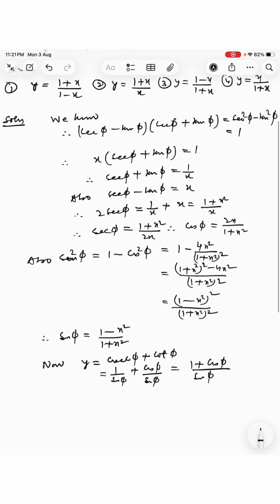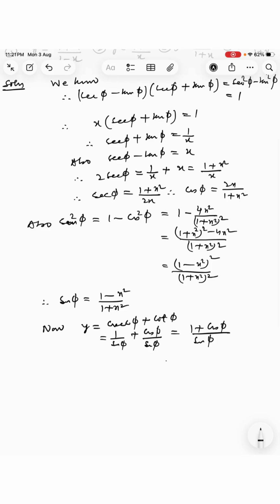Substituting the value of cos phi and sin phi here, we get 1 plus 2x by 1 plus x square by sin phi, which is 1 minus x square by 1 plus x square. Therefore, this is 1 plus x square plus 2x by 1 plus x square divided by 1 minus x square by 1 plus x square.